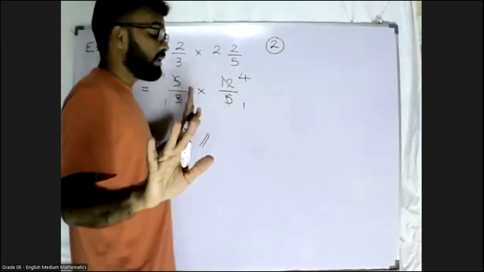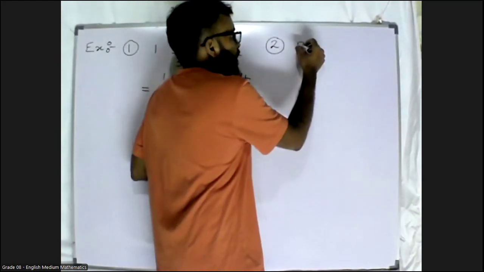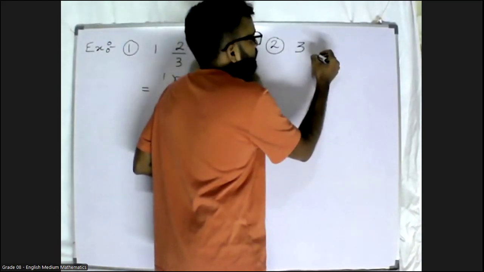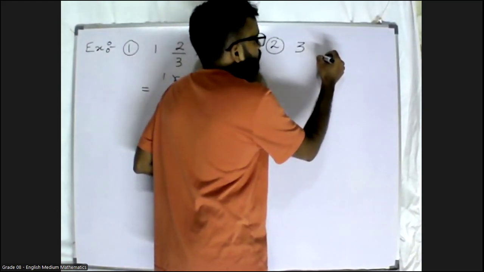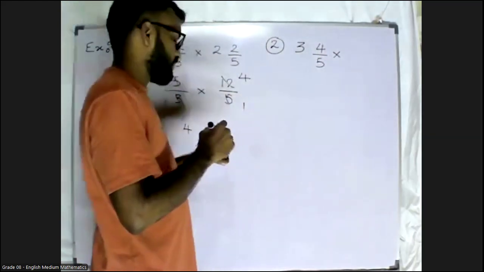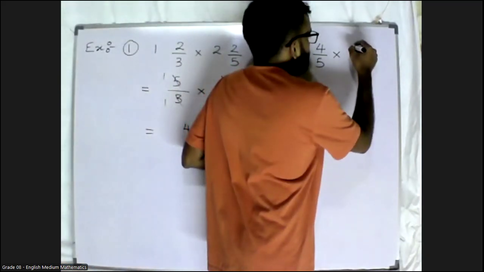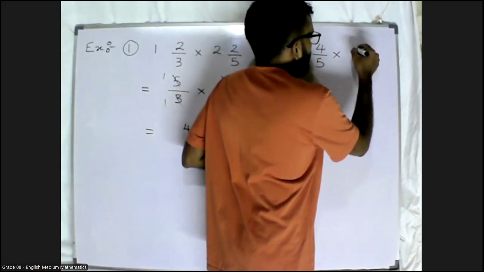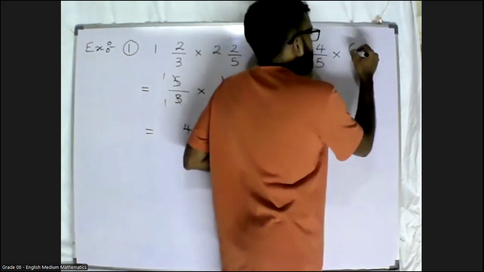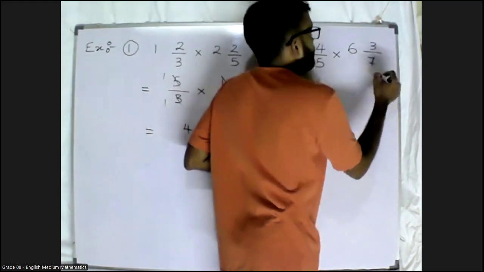Don't do anything. Don't write. I will give you the time. Look at the board. 2 times 3 times 4 over 5 multiplied by 6 times 3 over 7.